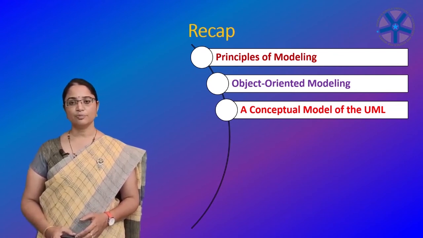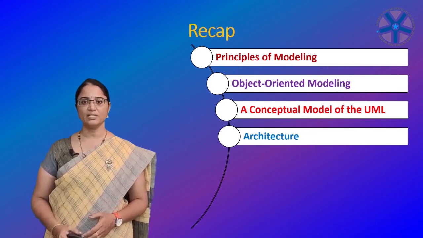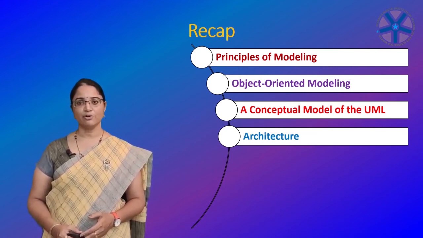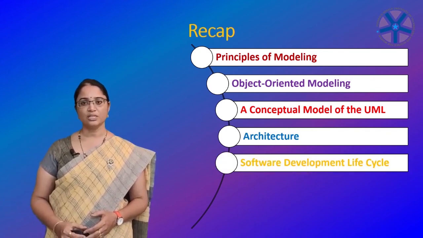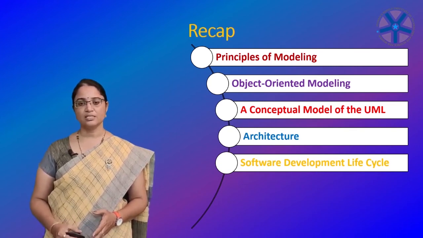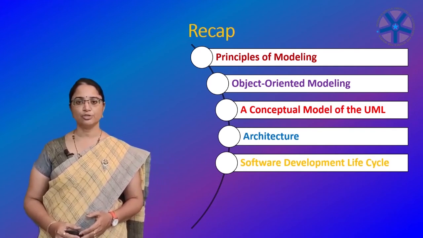And coming to the conceptual model, we have seen the building blocks and the rules and common mechanisms. We have seen the architecture of the UML, and here we have seen the 5 views of the architecture. And next we have seen the software development life cycle, and here we have seen the 4 phases: inception, elaboration, construction and transition. And we have seen the workflows also.